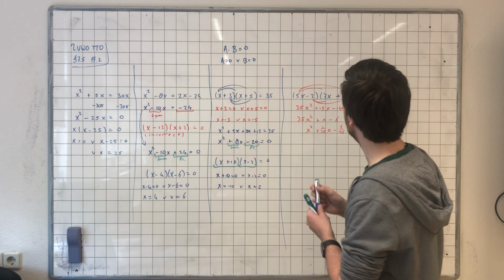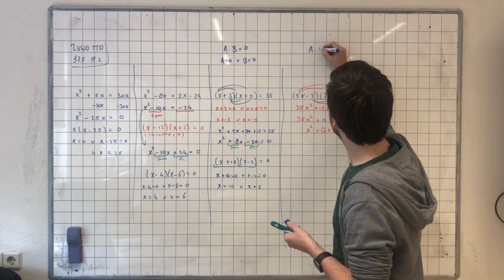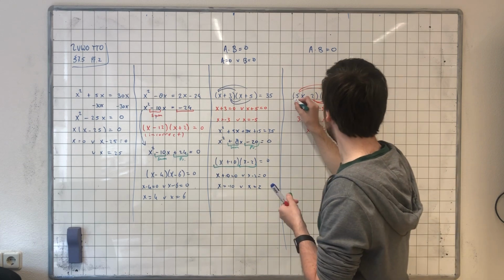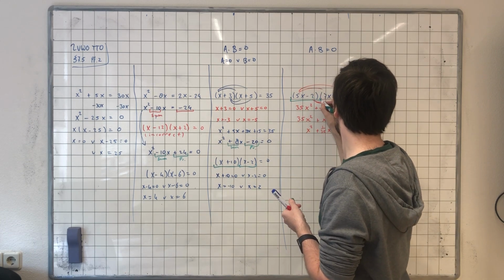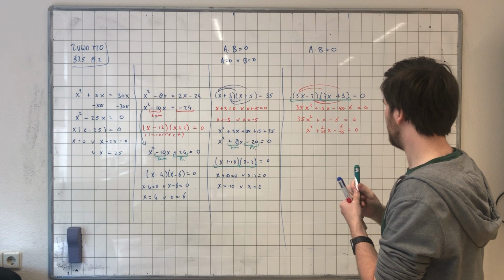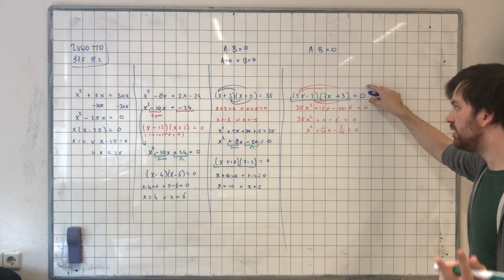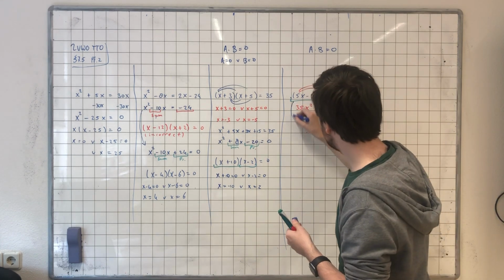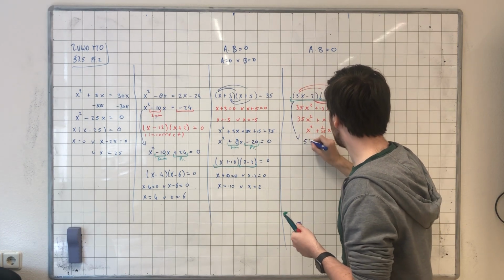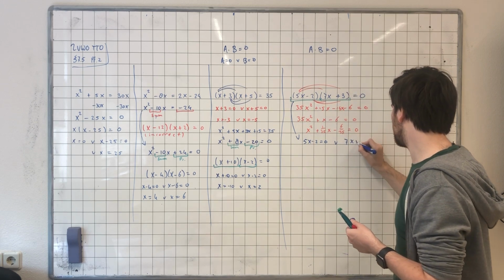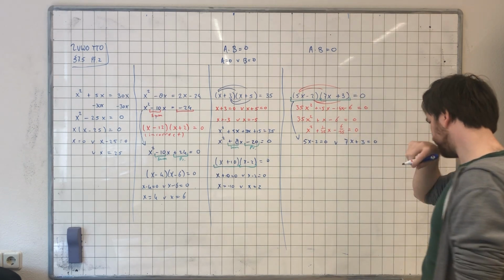Thing is, we already have something times something is 0. Here we already have this thing times the other thing equals 0. Which means that in this case, since we have equals 0 already, we are allowed to take this step. 5x minus 2 is equal to 0, or 7x plus 3 is equal to 0.